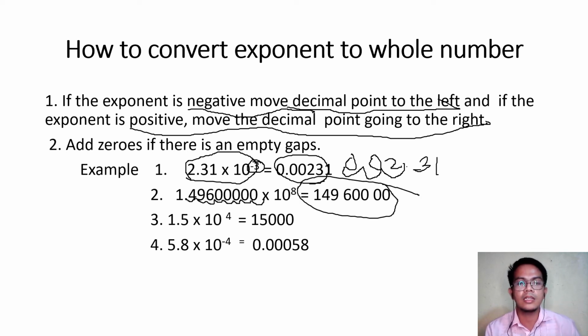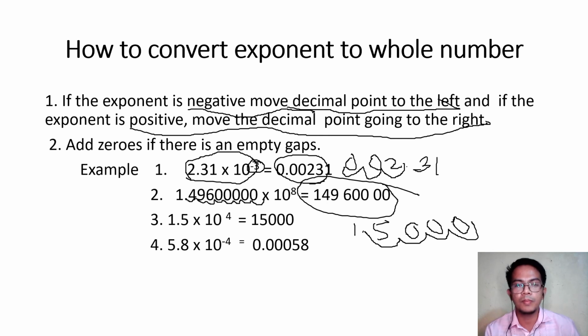Then next, positive again, move the decimal point going to the right. So 1.5 times 10 raised to 4. So 1, 2, 3, 4. So fill the empty gaps with 0, 1, 2, 3.